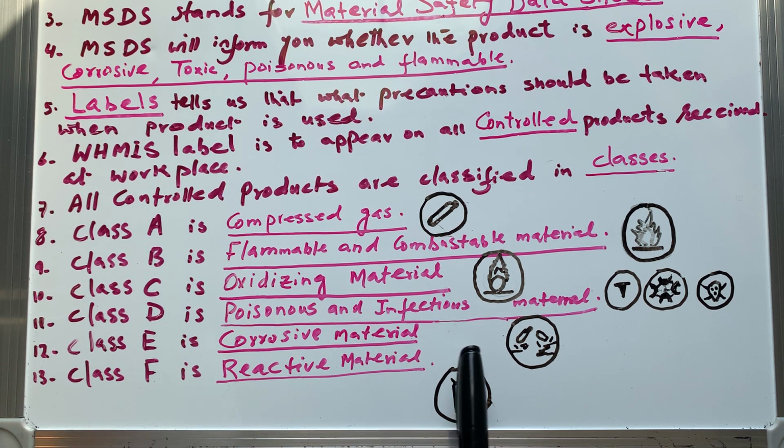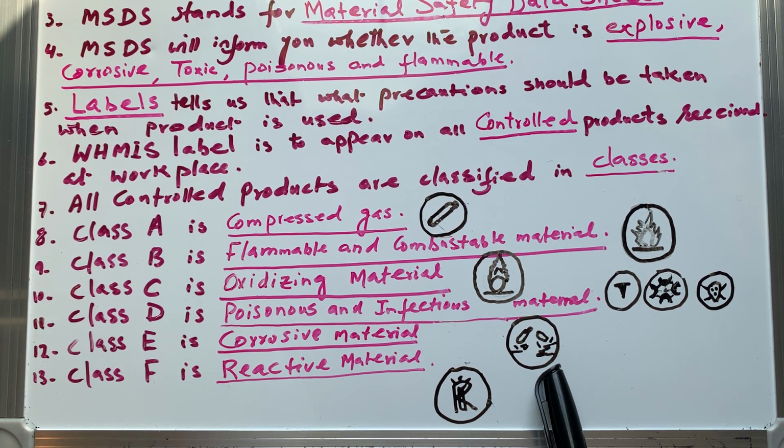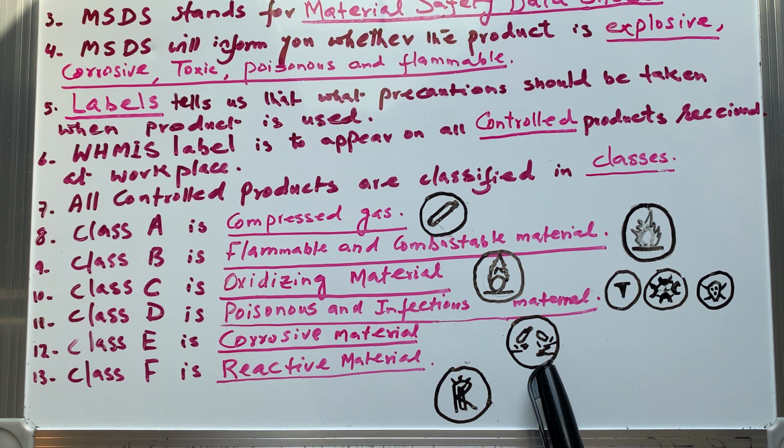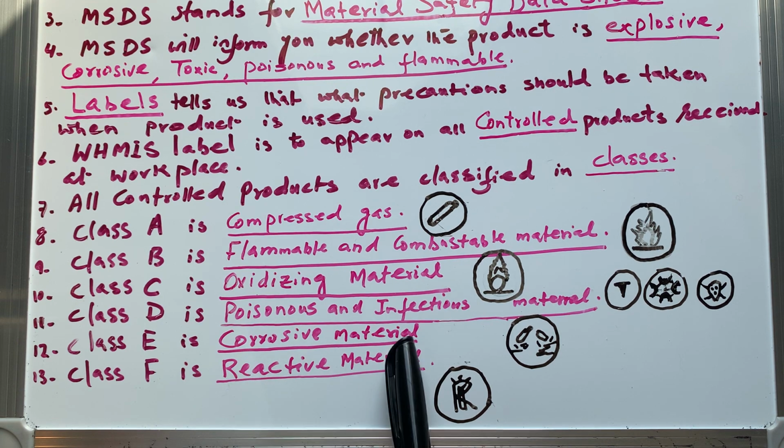The symbol is like a hand, and a test tube is dropping some chemical on it, which will destroy the skin. Hydrochloric acid, nitric acid, sulfuric acid, all those materials are corrosive material.